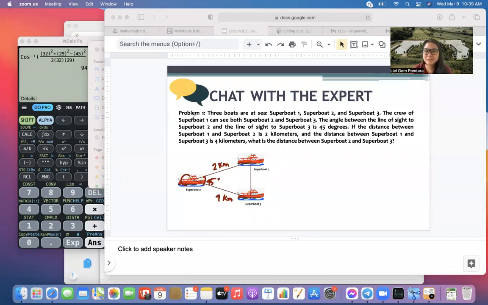Now, in the given, we have 2 sides and 1 angle, and we are looking for the third side.